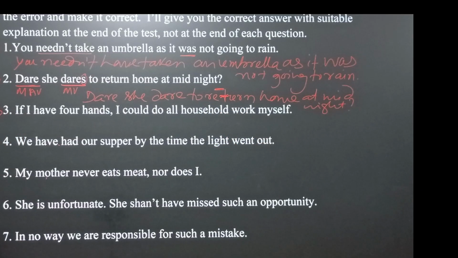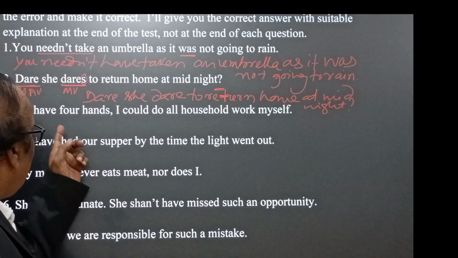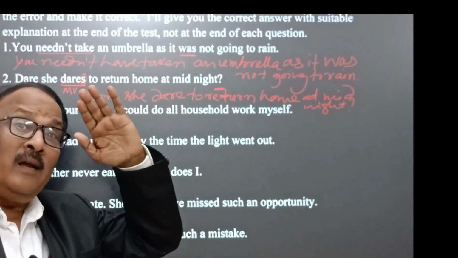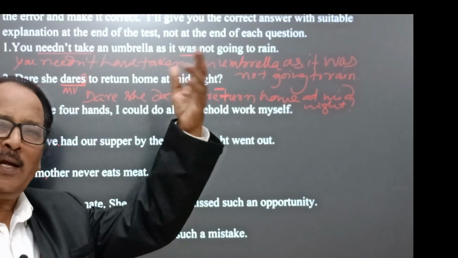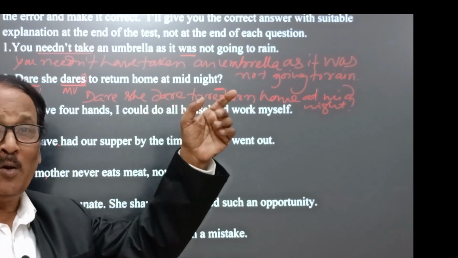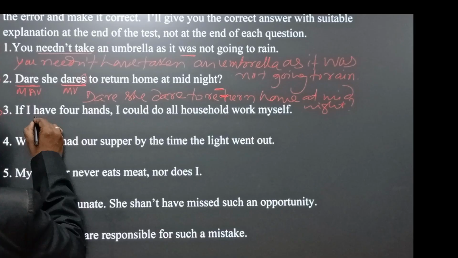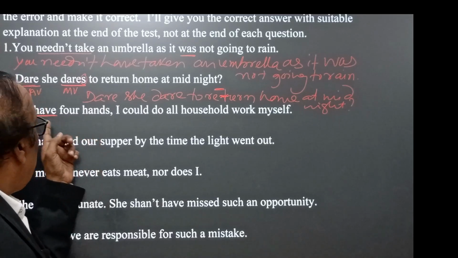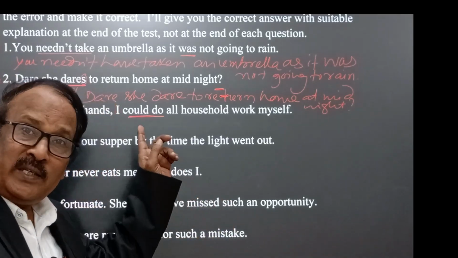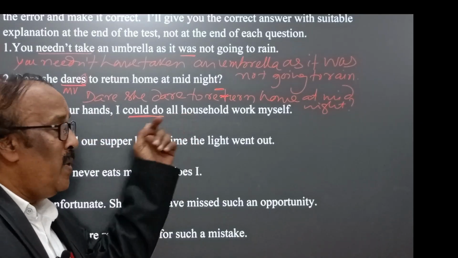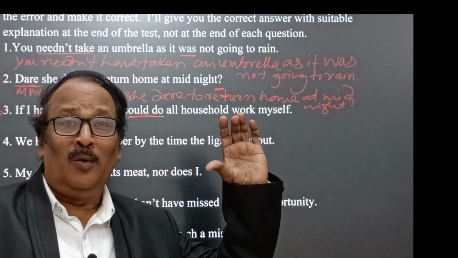That is the third point. If I have 4 hands, I could do all household work myself. This is also a very interesting idea. It will be discussed very clearly in subsequent classes whenever we discuss conditional clauses in complex sentences. Have, this is the error. This is a complex sentence, and this is the conditional clause, and this is the main clause. There is a rule.